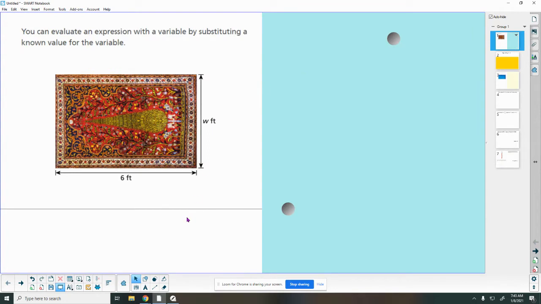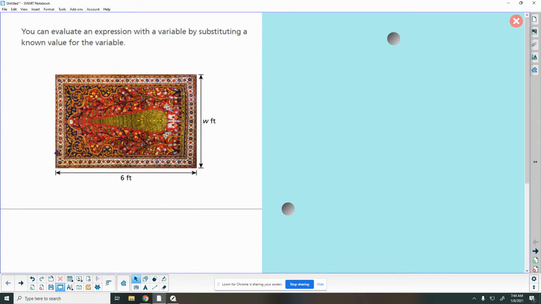Task 1 says that we can find the value of an expression with a variable by substituting a known value for the variable. When you're buying rugs, they'll oftentimes come in different widths. If it's 6 feet long, you can buy one that is 6 feet long by 2 feet wide, by 3 feet wide, by 5 feet wide. So this W can change depending on what size of rug you want.